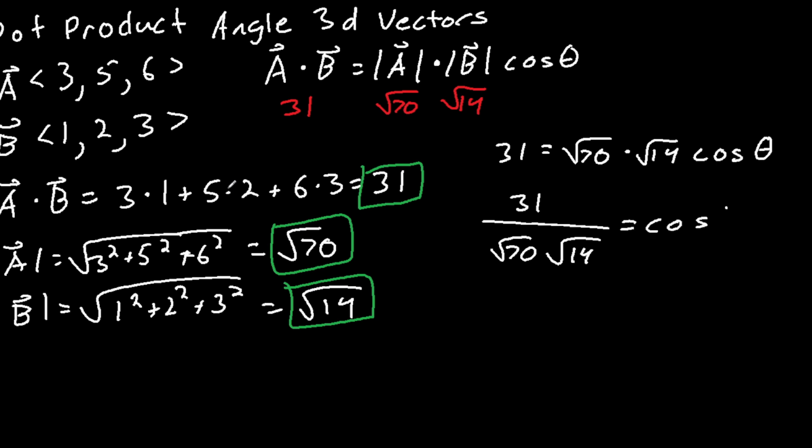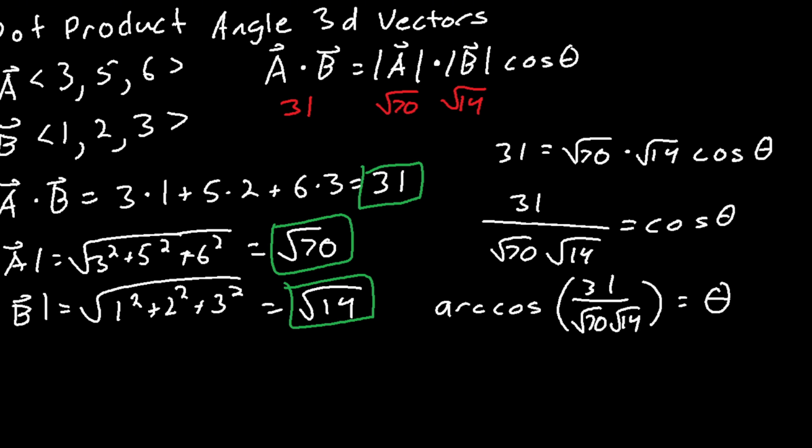This is equal to the cosine of theta, and we can take the arc cosine, or inverse cosine. Both of these are synonymous when you see them. This doesn't mean cosine to the power of negative 1. This means inverse cosine. So I'm going to use arc cosine as the symbol for inverse cosine. Arc cosine of 31 over square root of 70 times square root of 14 is equal to theta.